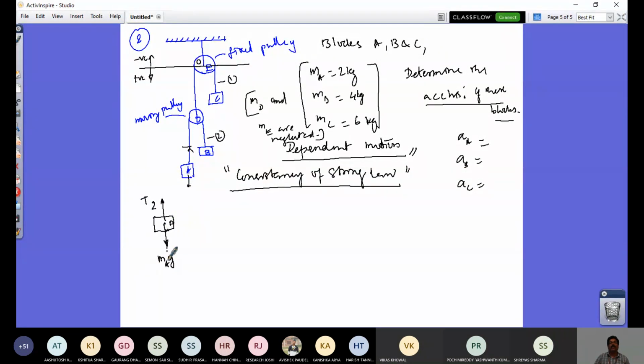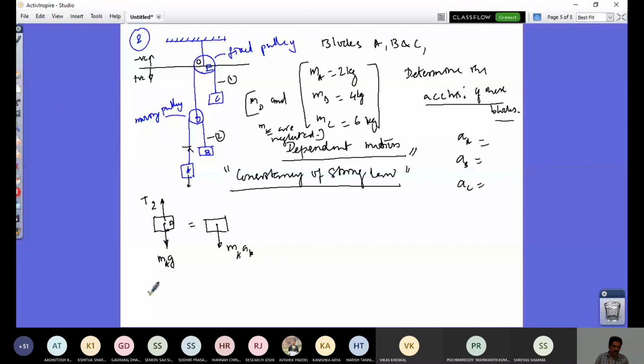So weight acts down and the tension acts up, and that is equal to MA times the acceleration. I assume it all comes down, so that is MA times AA. This is the first diagram to apply Newton's equation. What is the convention that I follow here to write the equation from the free body diagram? I'll consider all upward force positive.